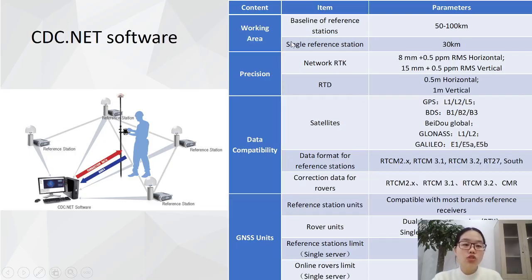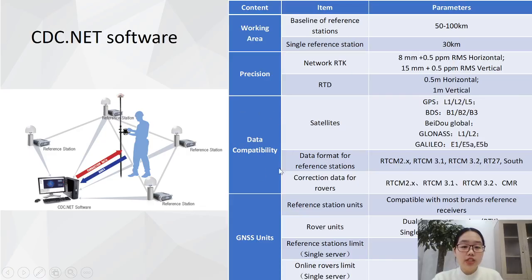And for a single reference station, the working range is 30 kilometers. On precision, the network RTK gives centimeter accuracy, and can also provide RTD service with sub-meter accuracy, based on which service you provide for different users.